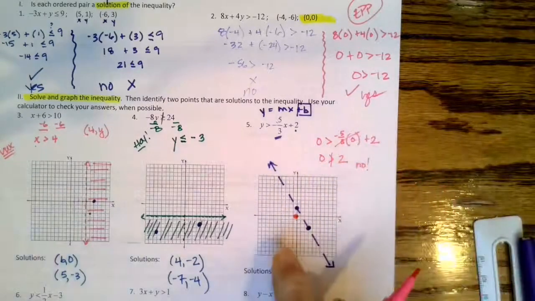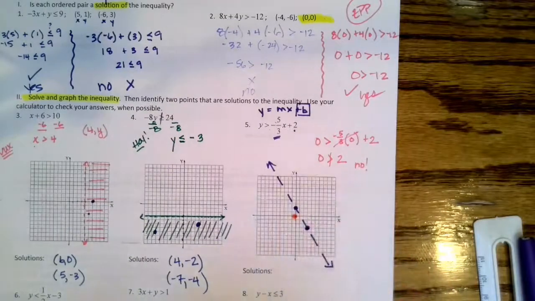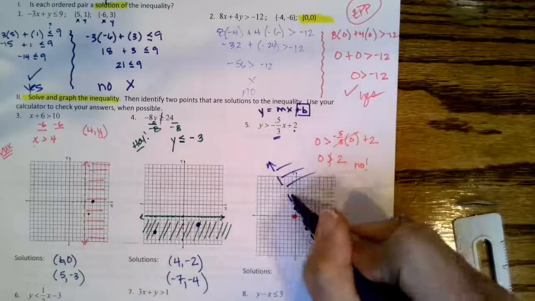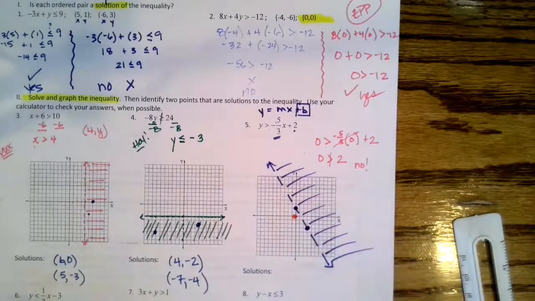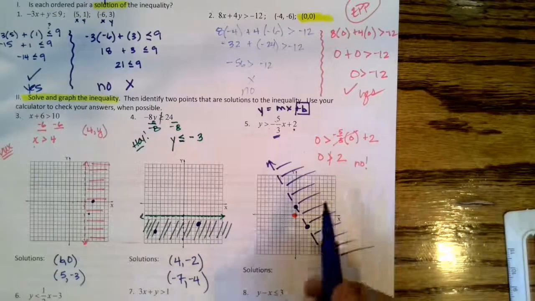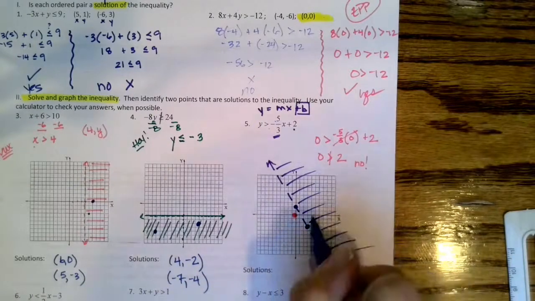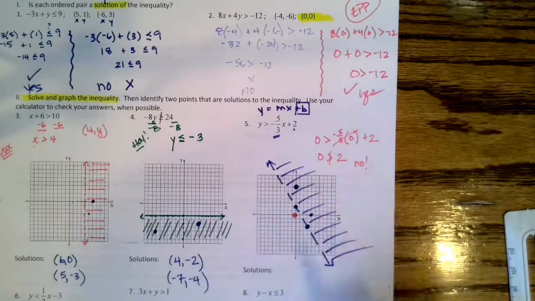No. Which means that all of my answers are on the side of this graph that does not have my test point. So all of my answers are on the opposite side. Keep in mind, this line is dotted, so none of my answers are on the line either. When I go to pick my 2 points, I'm going to pick 2 points that are on the axis.